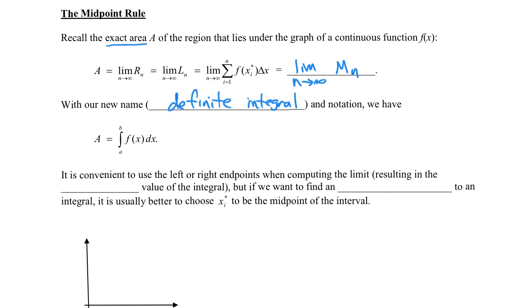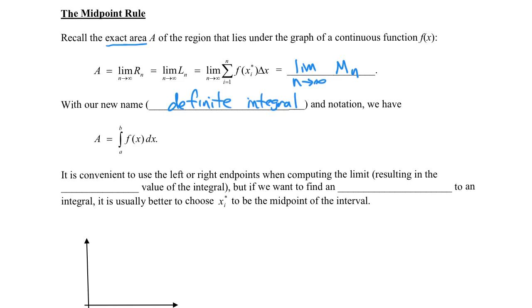Indefinite integral is when a and b are not there. But with our new name and notation, instead of using these limits, we can say the area equals exactly this, right? Not approximately, exactly. So this integral will give us the area underneath this curve. If you graph this function, the area underneath that curve between a and b can be found by integrating this function.